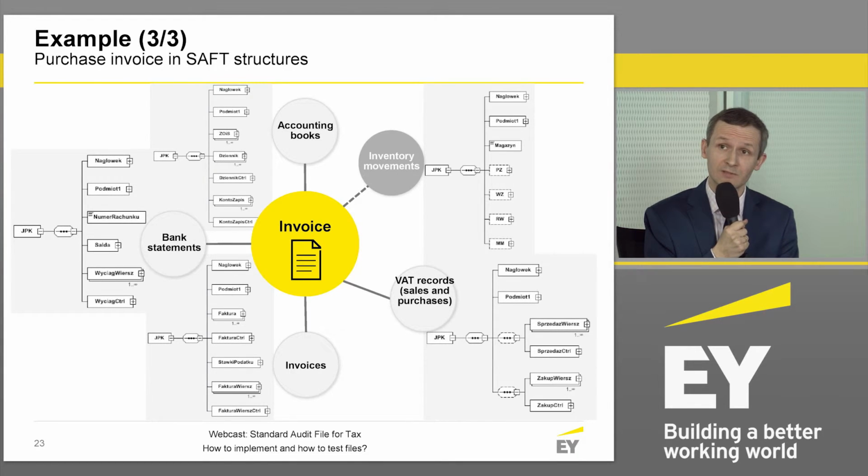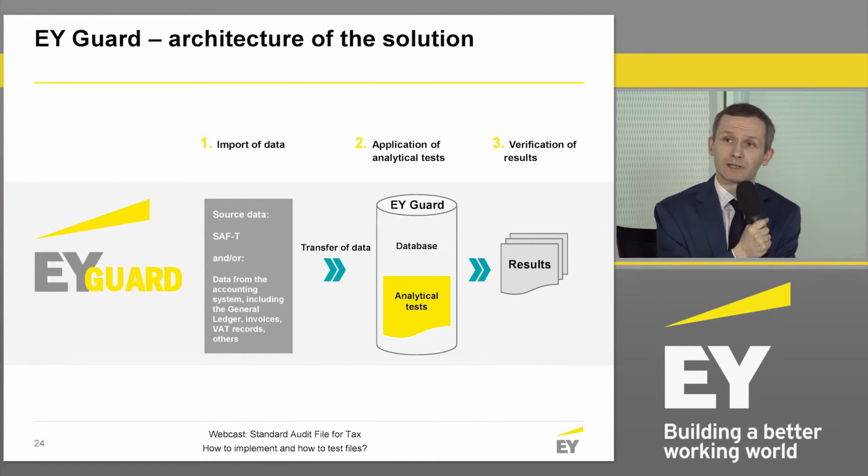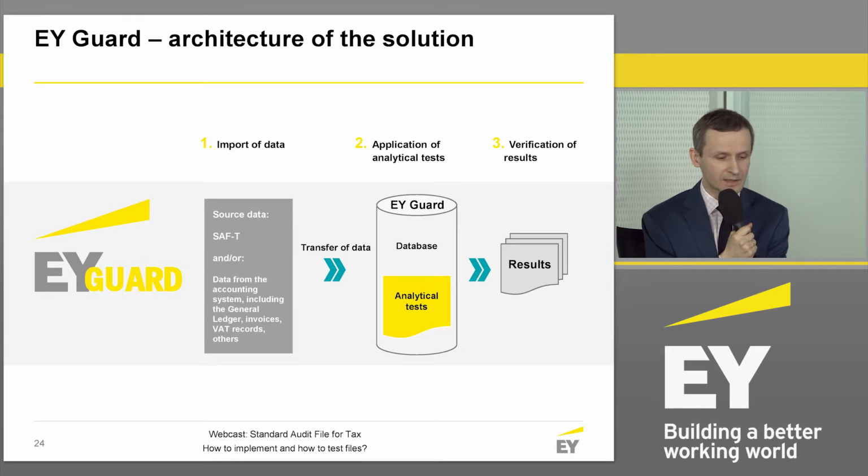So as you can see, even for a very simple transaction, just a purchase of service, it is pretty complex to properly reflect this transaction in the SAF-T concept. So how to deal with testing, assuming all this information?